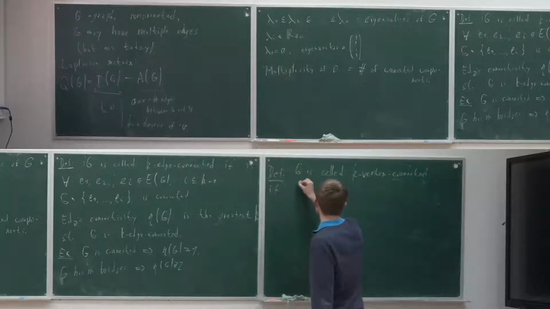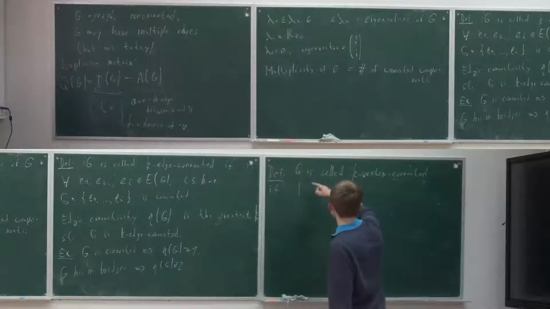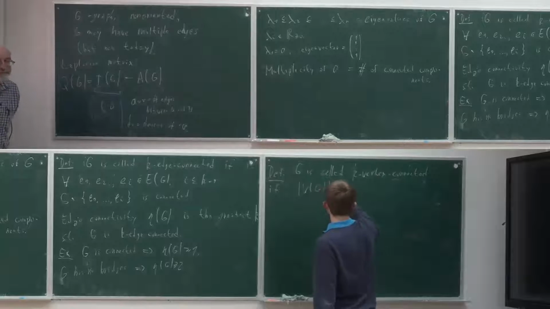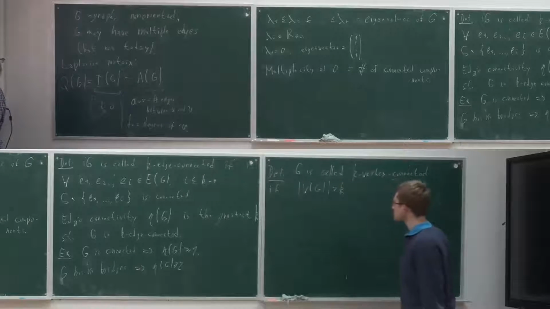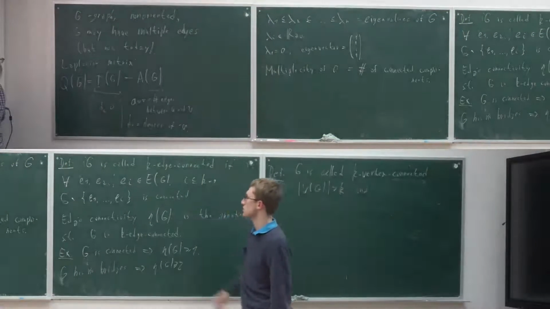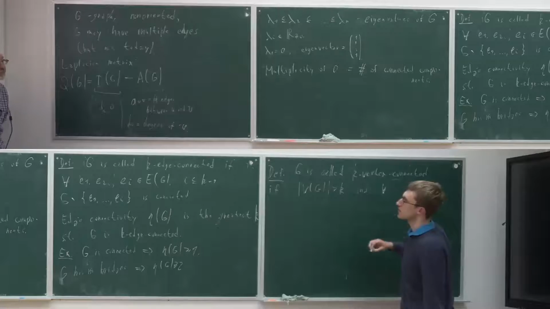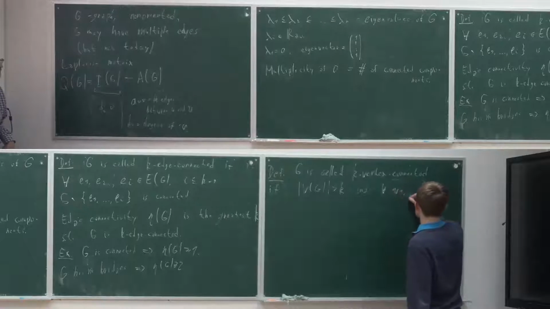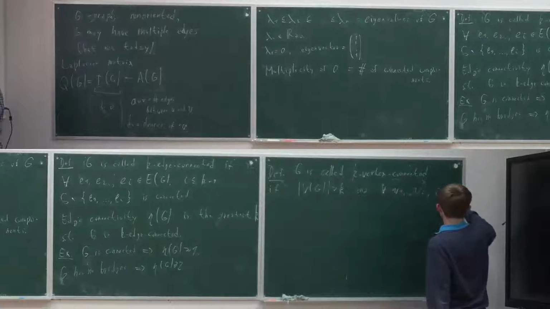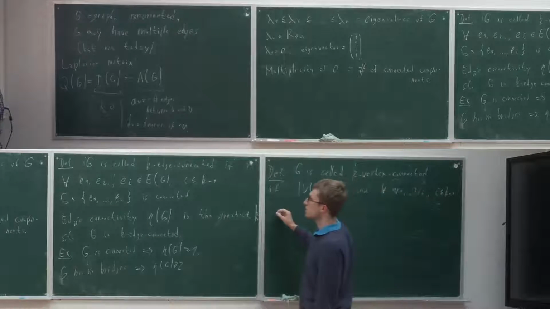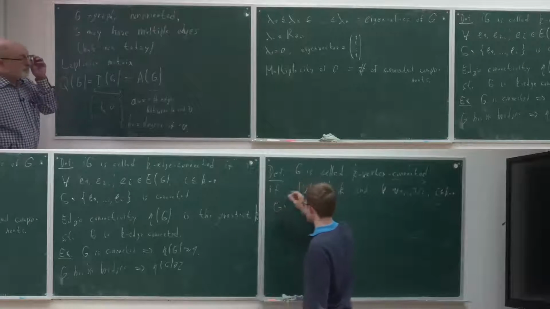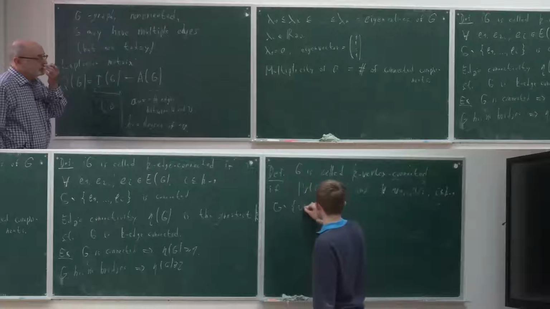If it has strictly more than K vertices, then we have just the same, but for vertices: if we take not more than K minus 1 vertices, remove them from the graph, and then the graph remains connected.